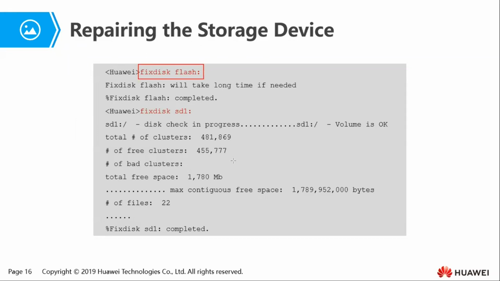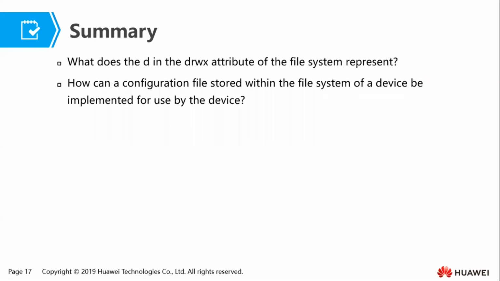In the notes, they say that when the terminal device displays the error that the system has failed, you should use this fix disk command to attempt to fix the abnormal file system in that storage device. For example, you've plugged in a flash disk and you get that error that the system has failed. Just try using the fix disk command, and it can try to change that file system to a file system that it understands.